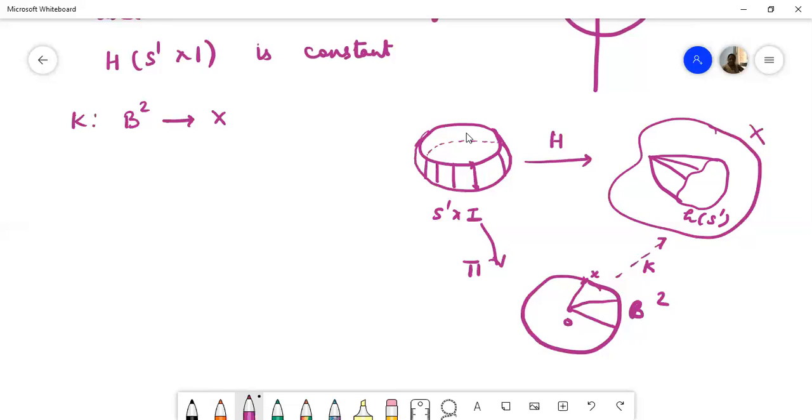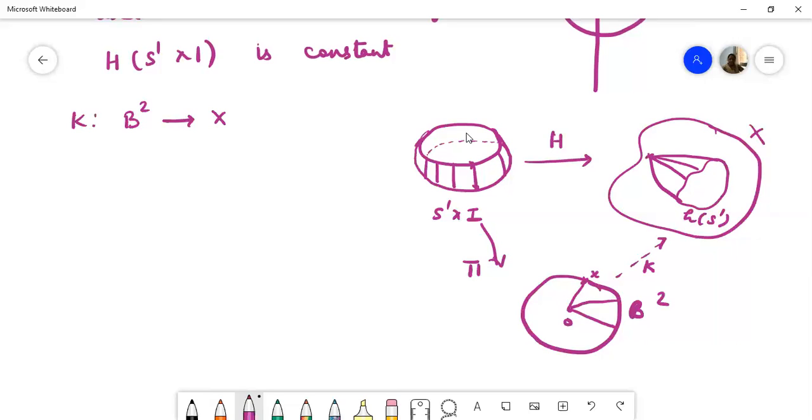Now we are saying this capital H is a homotopy. So basically capital H at S1, that is this circle, and capital H at S1 cross 1 is constant, and that we are taking as this point.